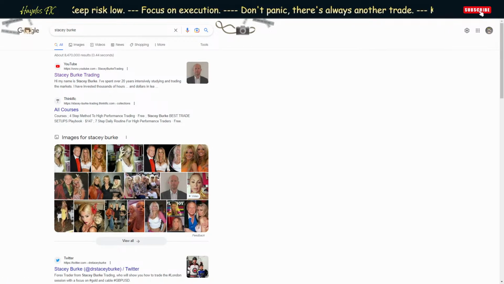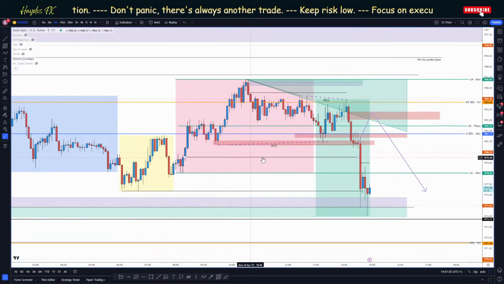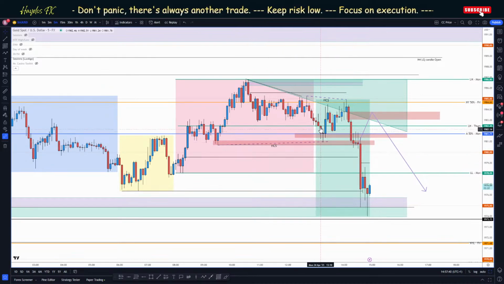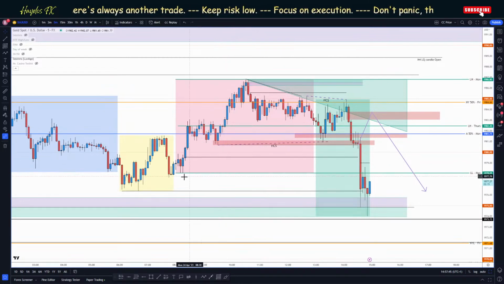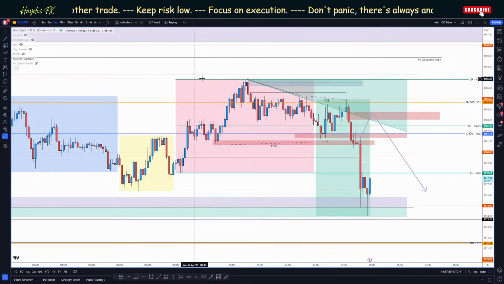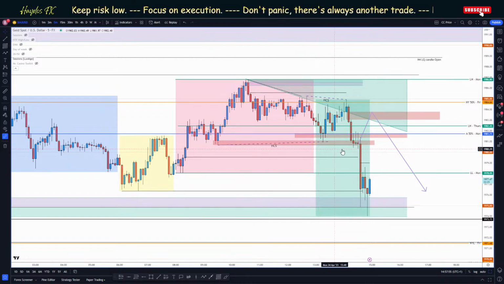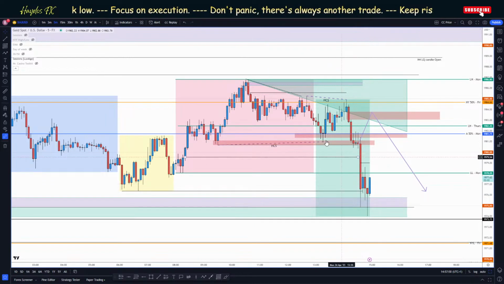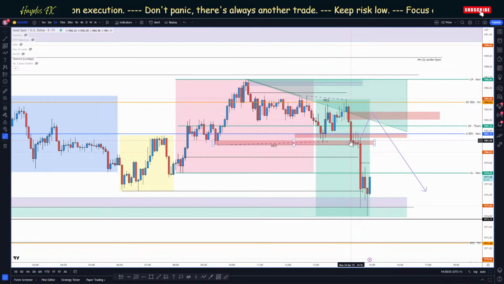How do I normally view the London-New York overlap as far as session highs and lows? Oh, I keep my sessions separate. That's how I do it. You'll notice my London session's pink, and on this one I just end it when New York starts. I use London start until New York start as my London range. I know this is still London time, but I don't factor in this being the low.